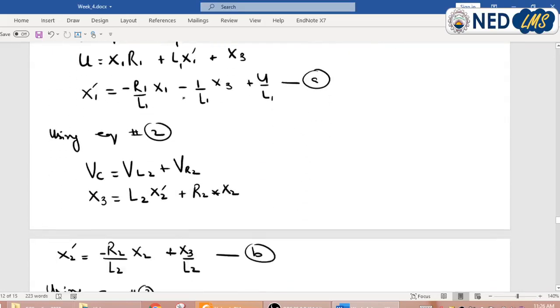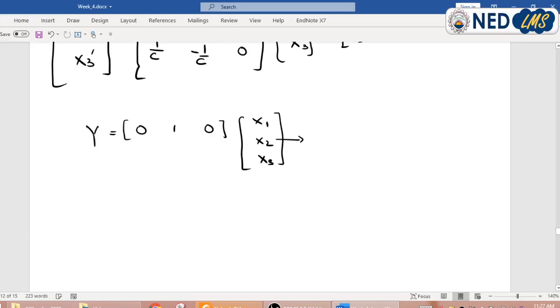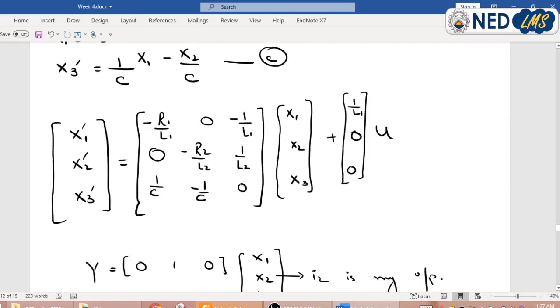Our state variable is x2, so I will write 0 1 0 times x1 x2 x3, as x2 is I2, my output. So this is the output equation here.